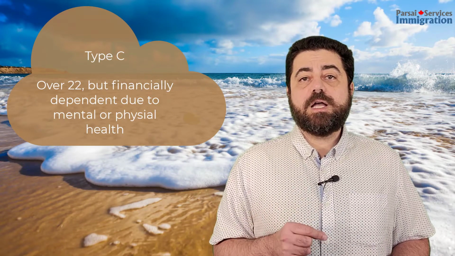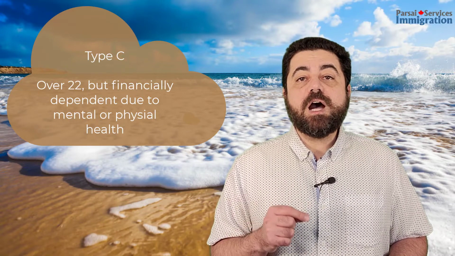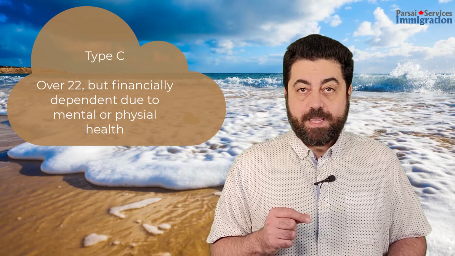This kind of child is called child type C. Okay? So if the child is under 22, a single person, then type A. If the child is 22 or over and that child is dependent on you financially because of mental or physical issues, then type C. So what about type B?